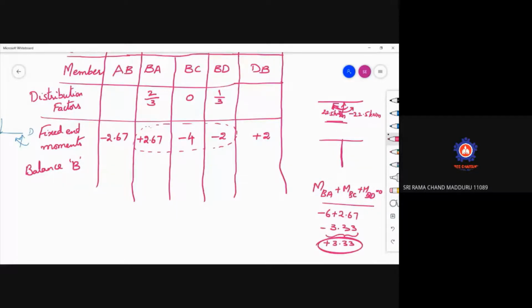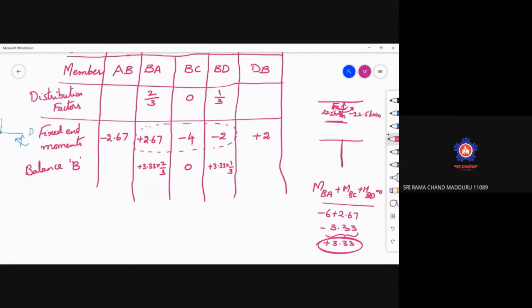So +3.33 multiplied with the distribution factor. If you multiply +3.33 with 0, you will get 0 only. That is no use. So this is +3.33 into 1/3. Whatever the joint condition is to be considered, to make it 0 you have to add +3.33.